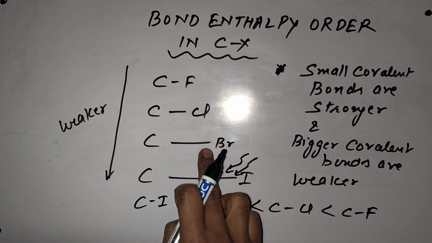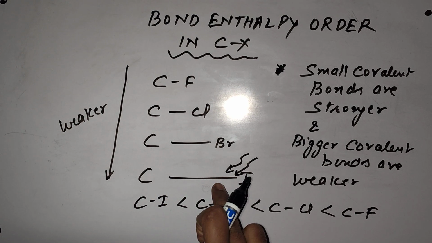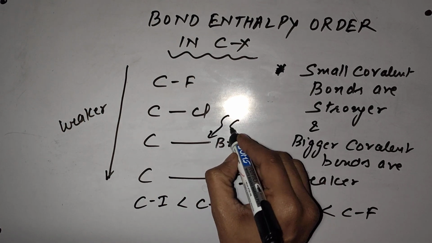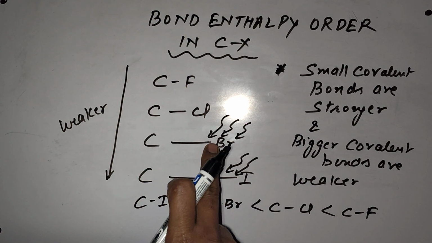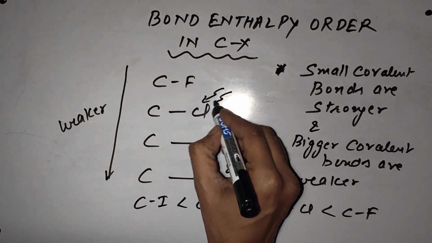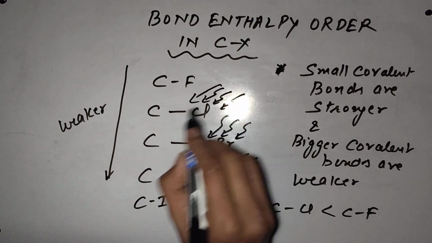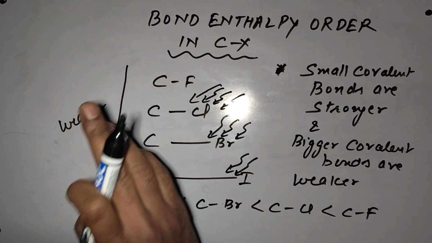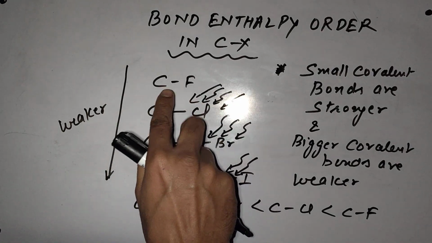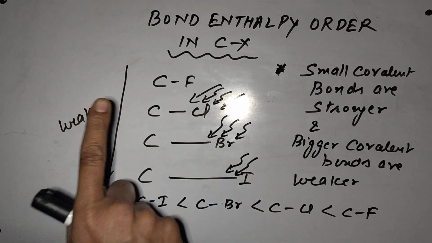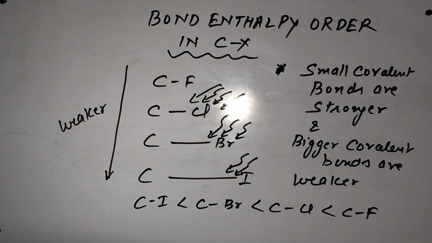To break the C-Br bond we require more energy as compared to C-I. To break the C-Cl bond we require more energy as compared to C-Br. And to break the C-F bond we require the highest amount of energy, because this bond is shorter and that's why the bond is strongest among all.